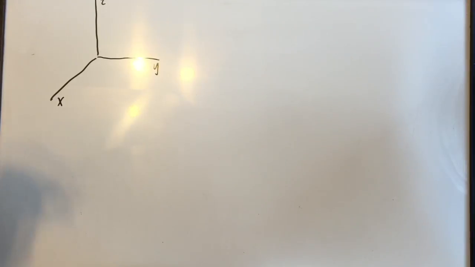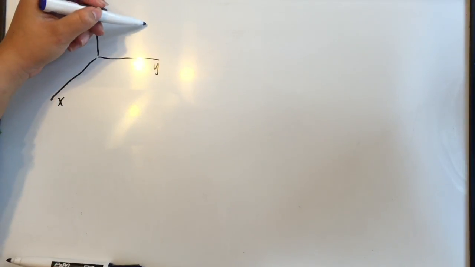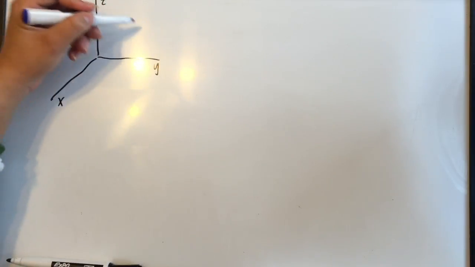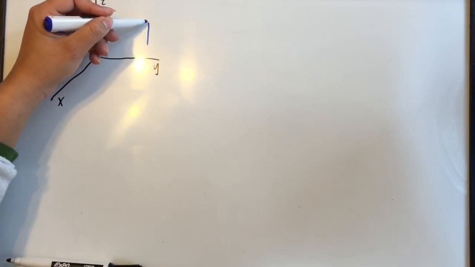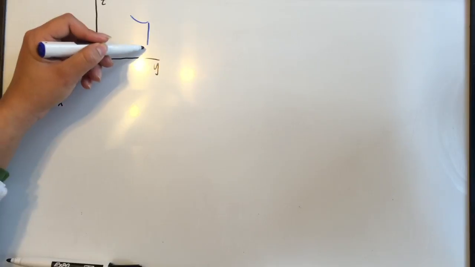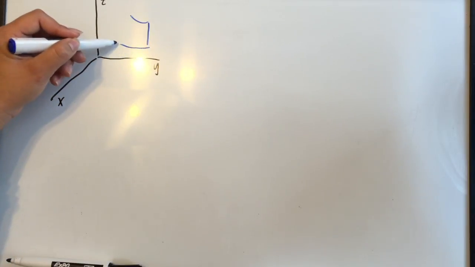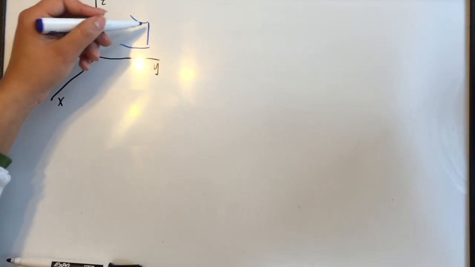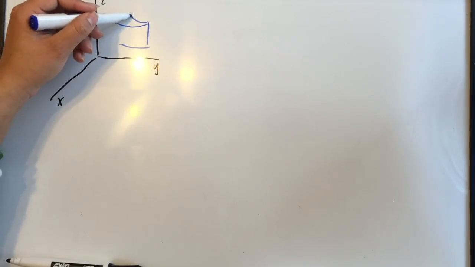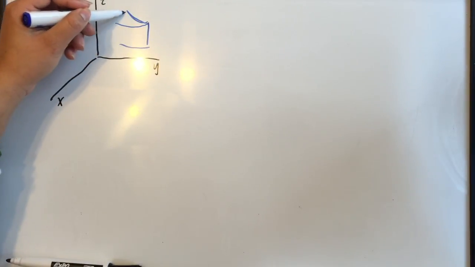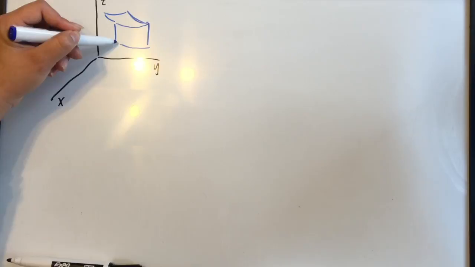So let's first do the region. We have a region, which we're going to call region E. I'm not a very good drawer, as you can see, but I'm going to try my very best.